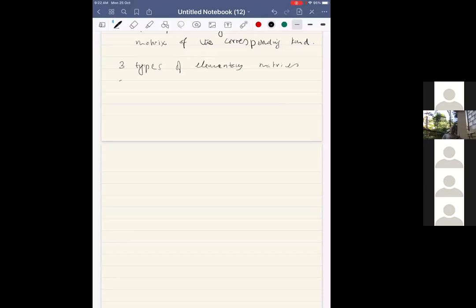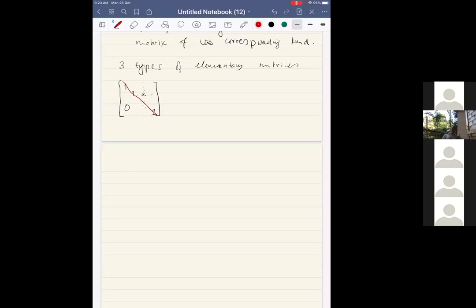So the first type is this: 1, 1, dot, dot, dot, 1. Every entry is 0 except some entry here, which is a. Of course, in this picture, a appears above the diagonal, which is the diagonal of the matrix. You could also have a appear below the diagonal. That is also of this first kind.